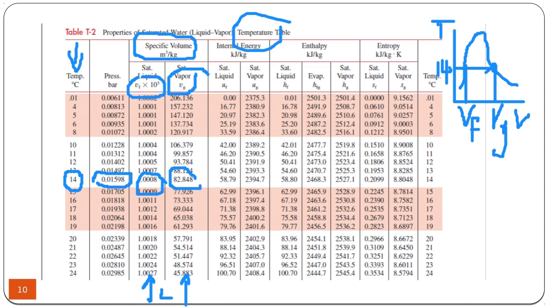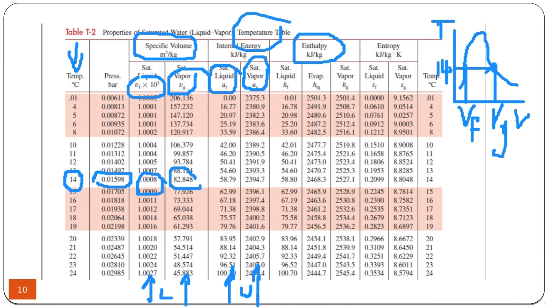Similarly, the second pair of columns in the table is given for internal energy. The first one is the internal energy of the liquid at this temperature. The second one is the internal energy of the gas at this temperature again. The third group of columns is enthalpy.